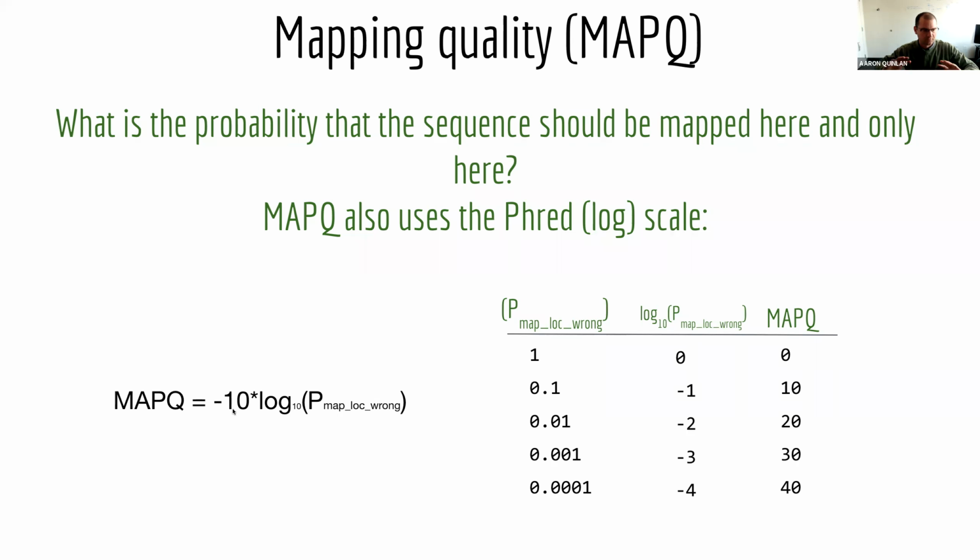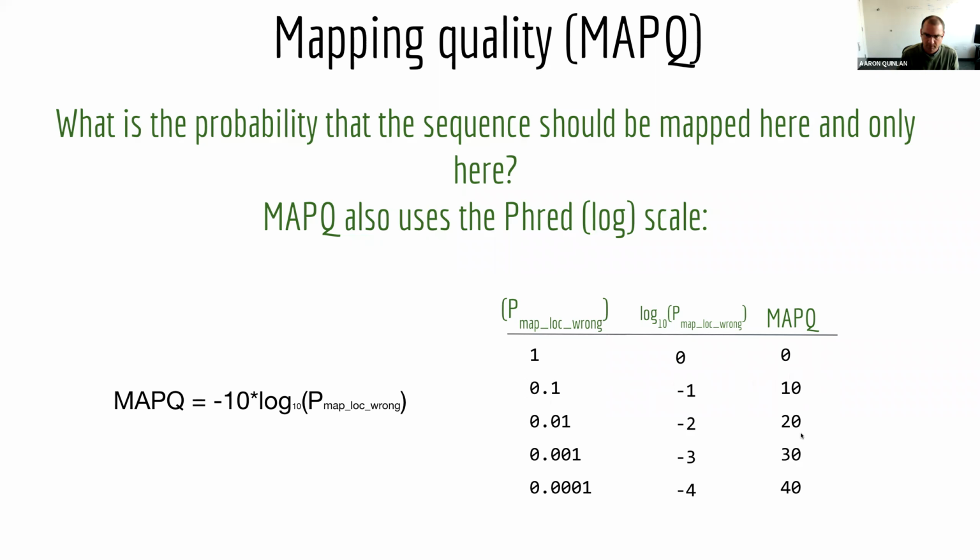So it flips the negative sign so we get higher numbers, and multiplies by 10. So a mapping quality of 10 in Phred scale means that the base 10 log of that probability was -1, which means that the probability that the mapping location is wrong is 0.1.